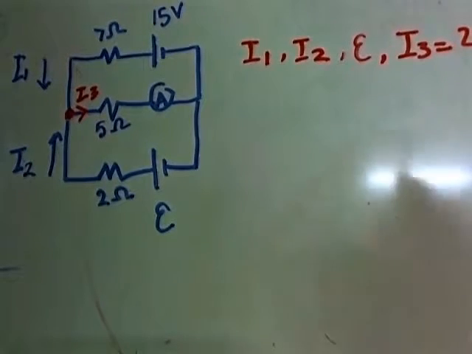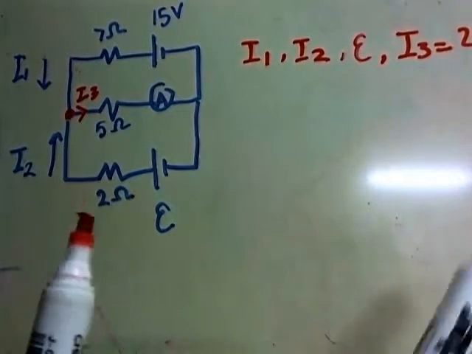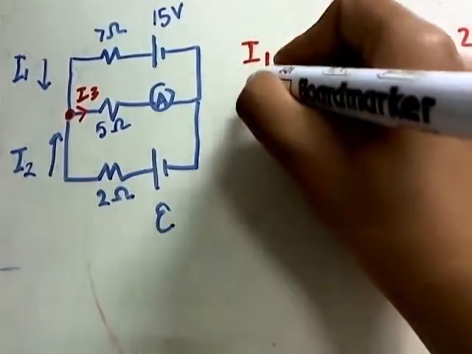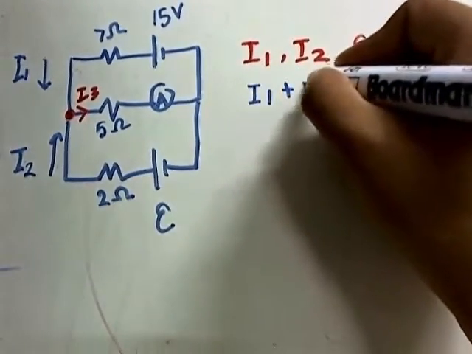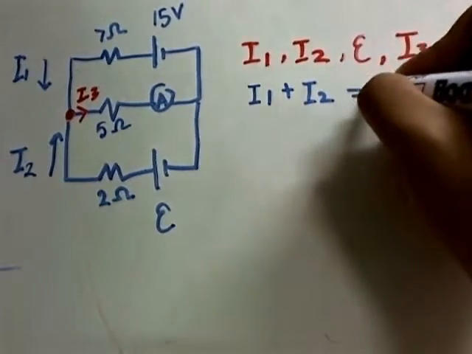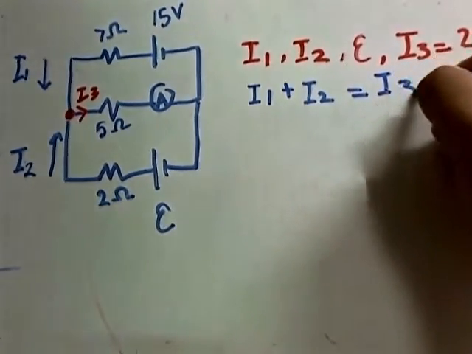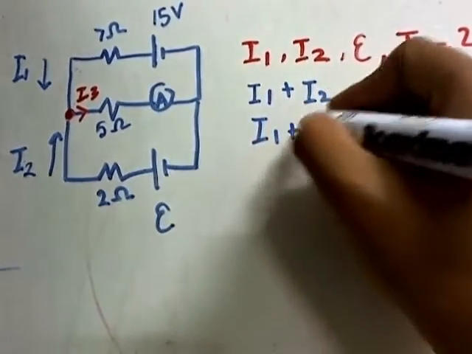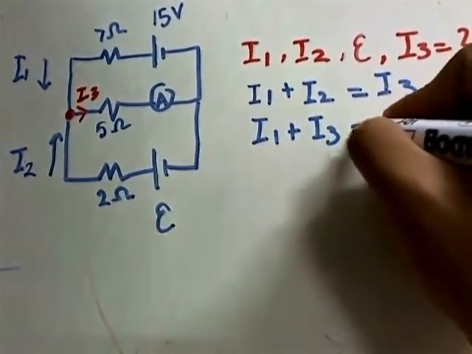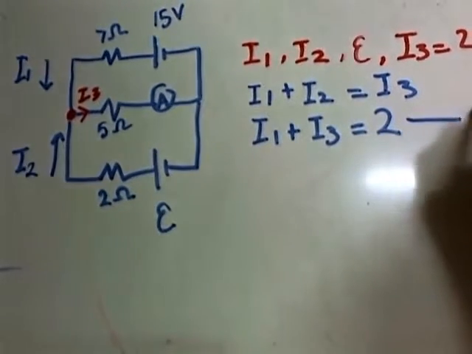So my first equation will be I1 plus I2 equals I3, and we know I3 is already given as 2 amperes, so that's my first equation.